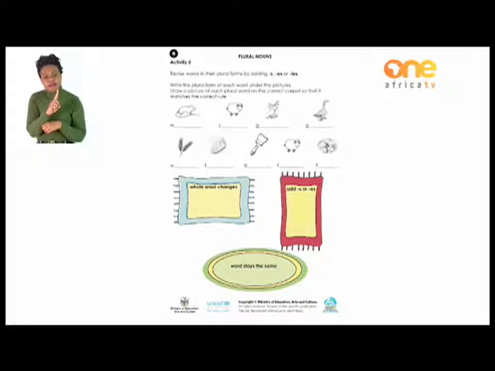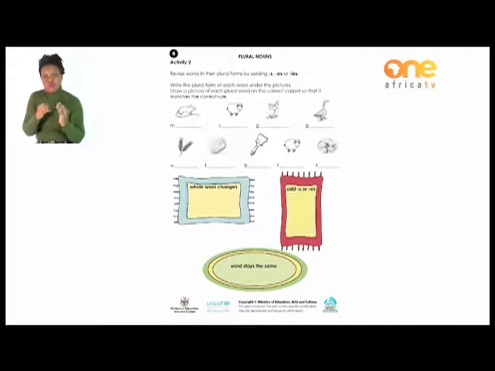It's a mouse. Very correct. When there are many, it's mice. Number 2, I'm seeing a sheep. So it's your task, your assignment, to write the plurals of the pictures shown on page 6, activity 2. You have to continue with the pictures that are shown there and follow the instructions.